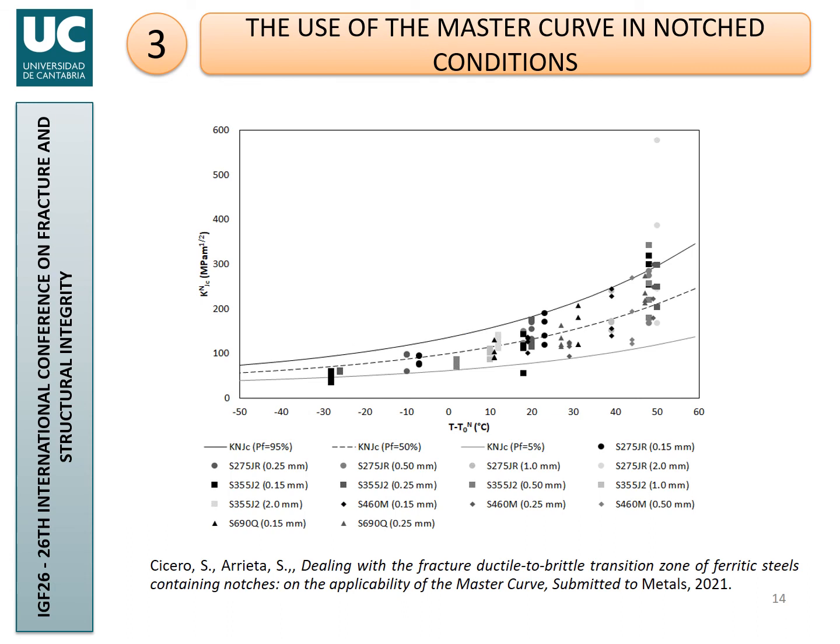Now, if we represent all of our experimental results with four steels, different notch radii and different temperatures, you may see that the master curve provides accurate predictions of the apparent fracture toughness within the ductile to brittle transition zone.